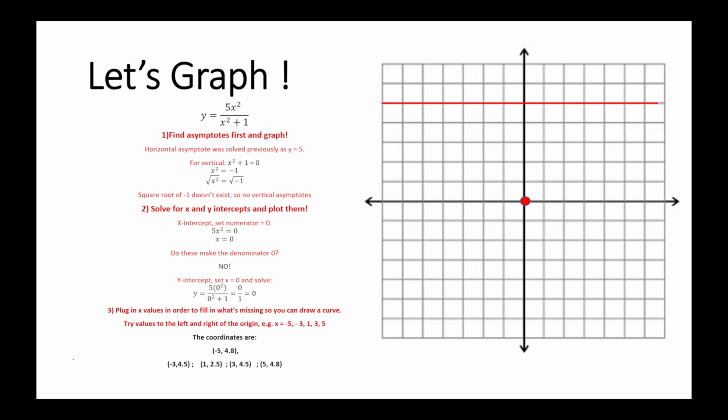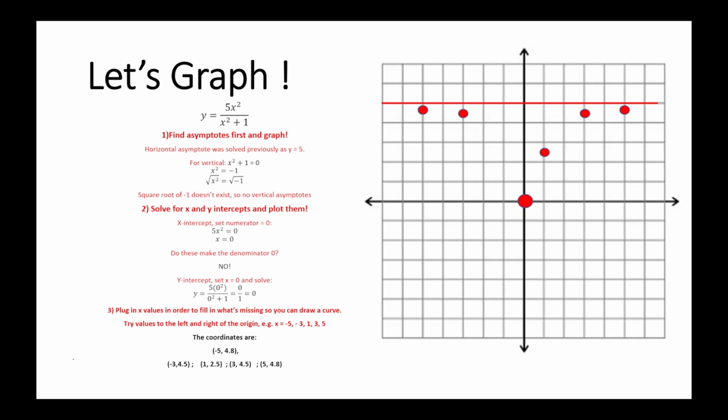Now again, if I just stopped here and I didn't plug in x values, I wouldn't know how to draw this graph. It could look like anything. That's why we choose values. So now I plot each of the points: (-5, 4.8), (-3, 4.5), (1, 2.5), (3, 4.5), (5, 4.8).